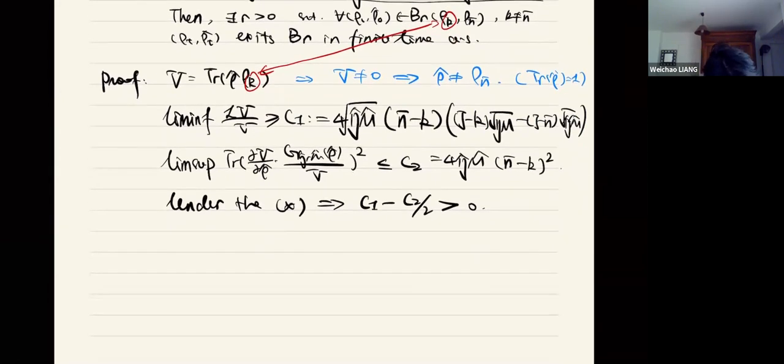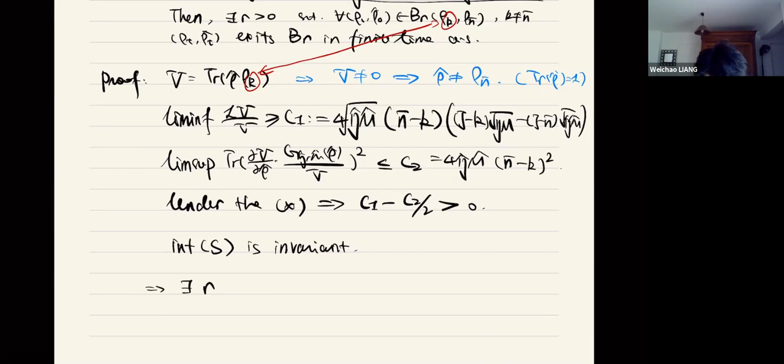Moreover, in the last course, we showed that the interior of the state space is almost surely invariant. Then we can show that they exist.